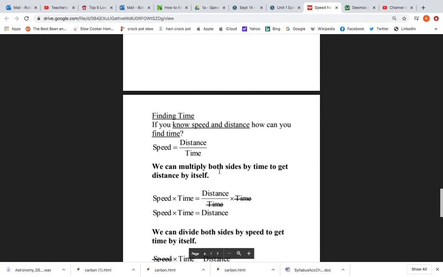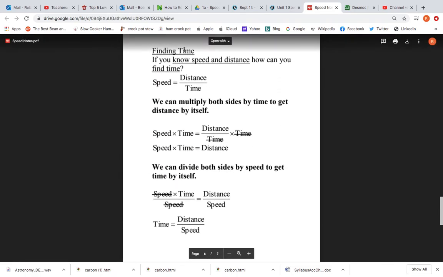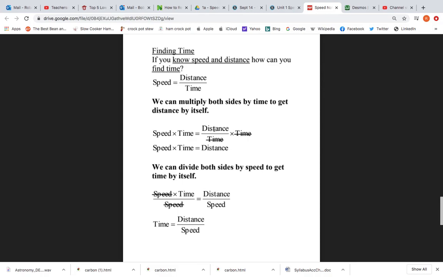You can also use the speed equation for finding the time. If you know the speed and the distance, but you don't know the time, you do the same thing. Manipulate the units algebraically to get to what you're looking for.